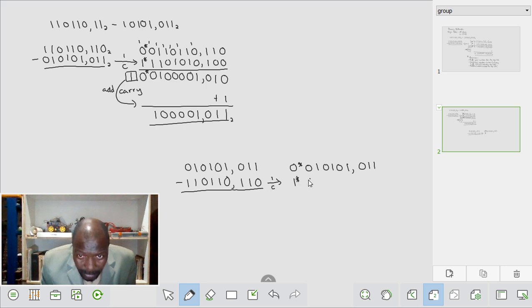We are complementing, so that's 1. This is the buffer bit being complemented to a 1. Then the rest of the number is 0 0 1. What am I doing? Doesn't look right. Something is missing here.